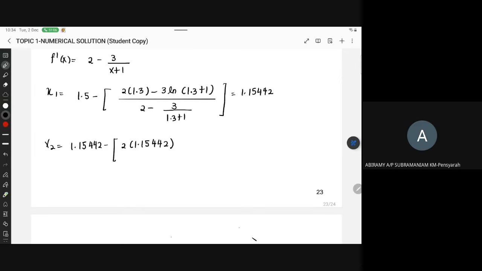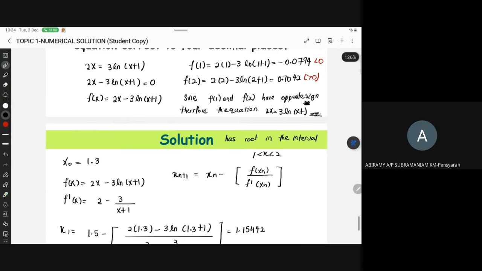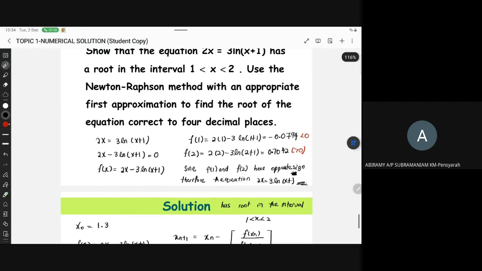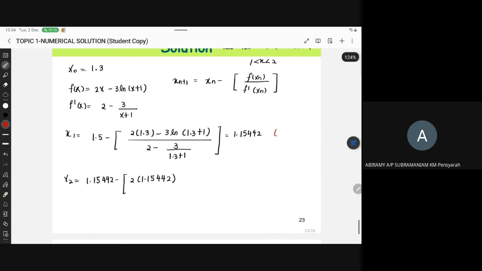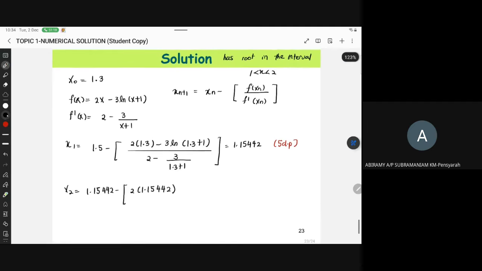Make sure your calculation is greater than 4 decimal places. If you notice, this is 5 decimal places.